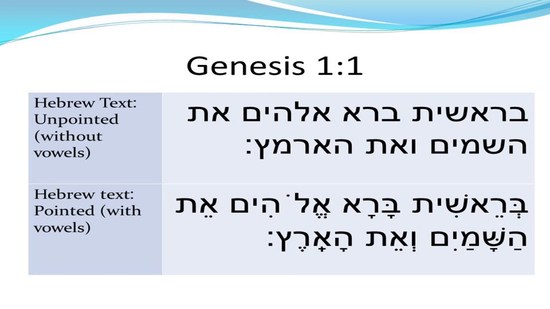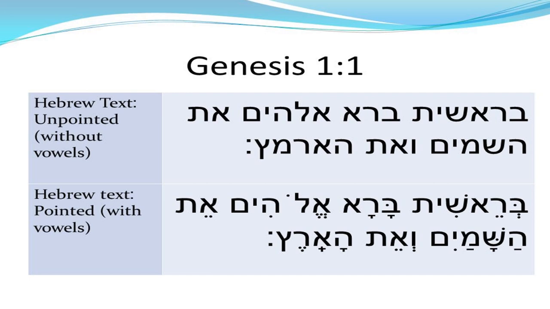And so you have the consonants here, and you have the consonants with the vowels there. So we have the pointed text. If you're trying to read this, it supplies the vowels.